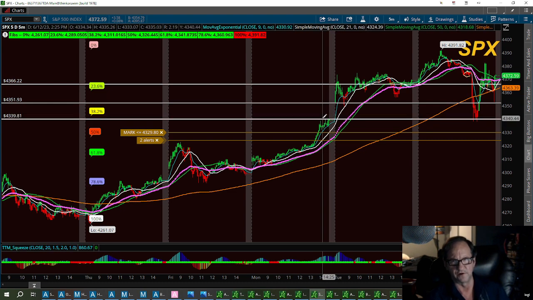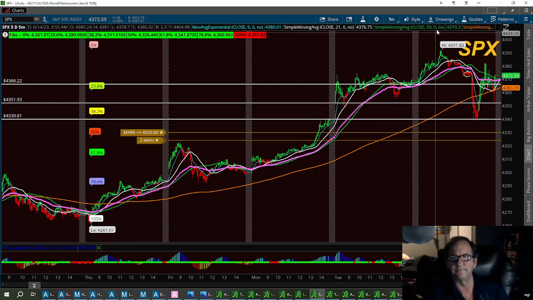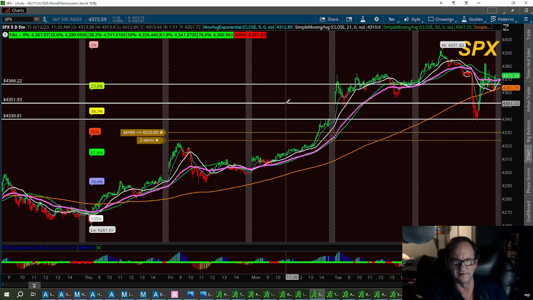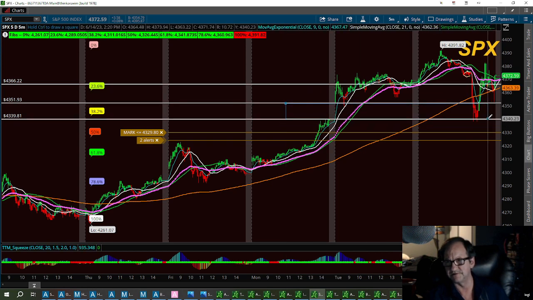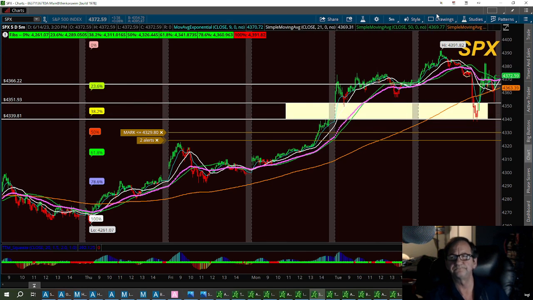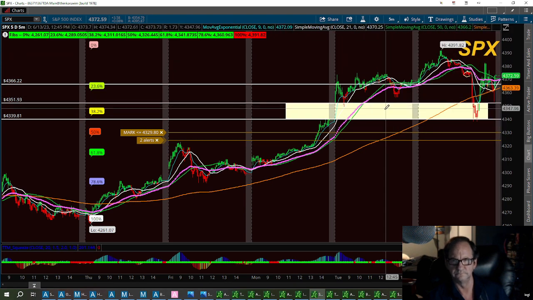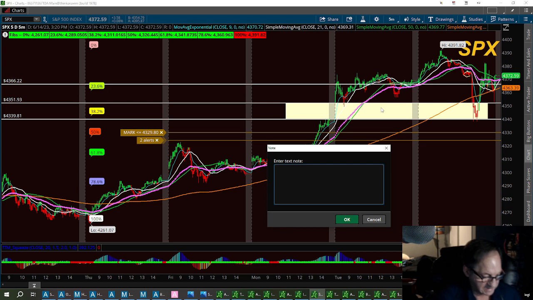Now that's what I call the gap trade. So we're going to draw a block in here, and I said, I bet you we fill that gap. And this is what we call a gap, G-A-P F-I-L-L.